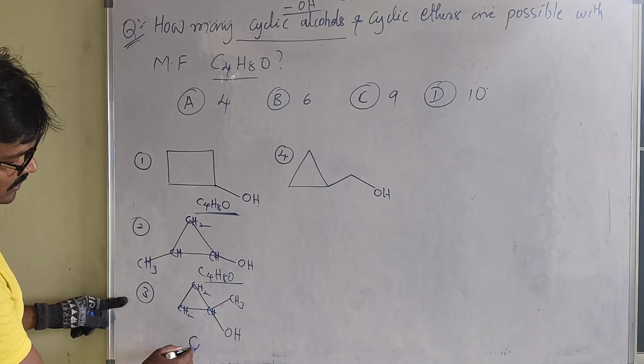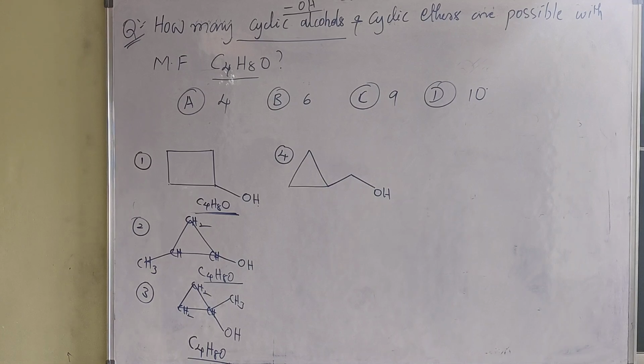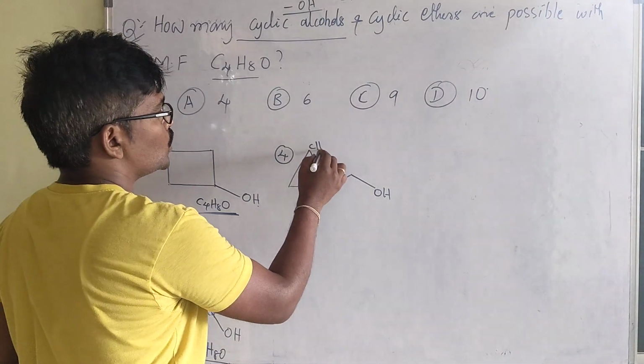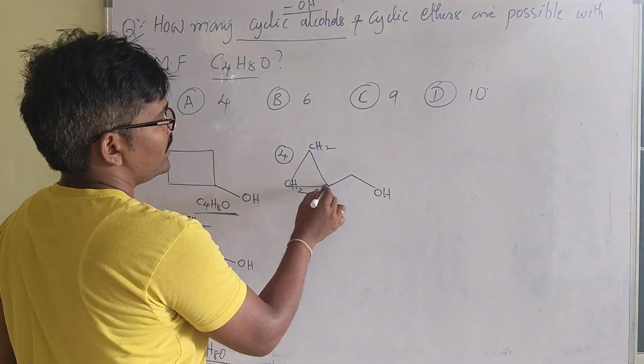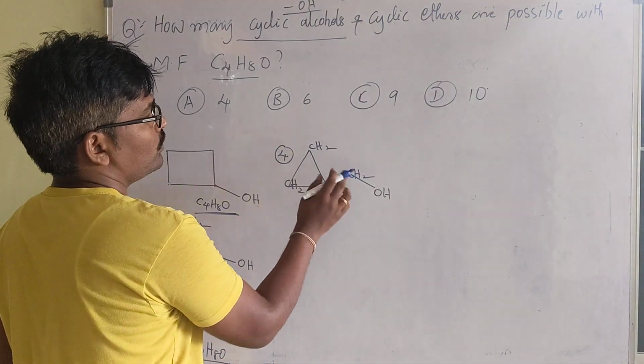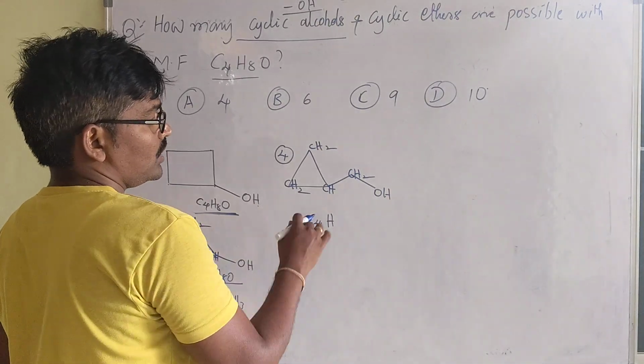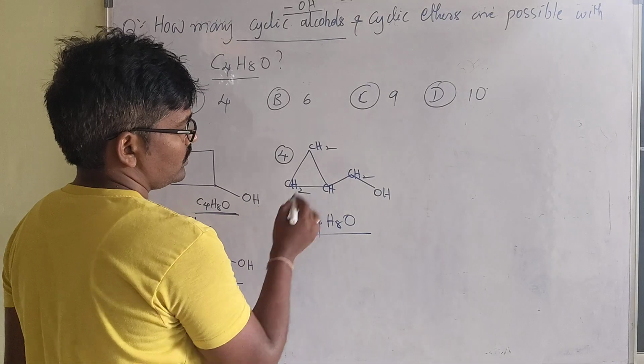Sir, possible or not? Yes, C4H8 OH possible. Even here also. Then CH2, then CH2, then CH, then CH2OH, right? So 1, 2, 3, 4, 4 carbon C4. Then H. H how many? 8. So O is possible.